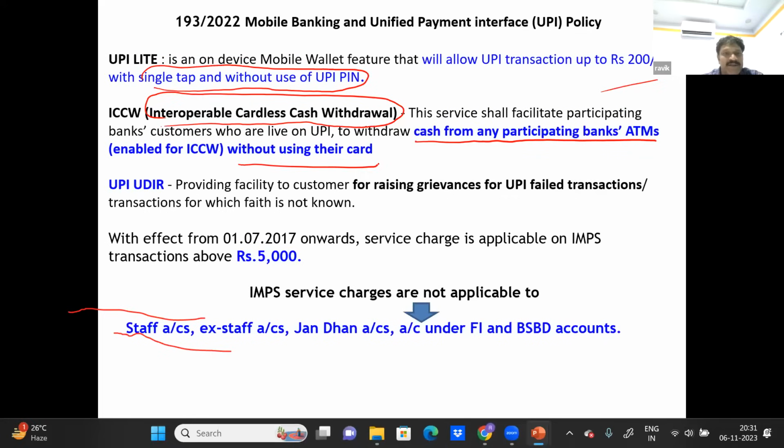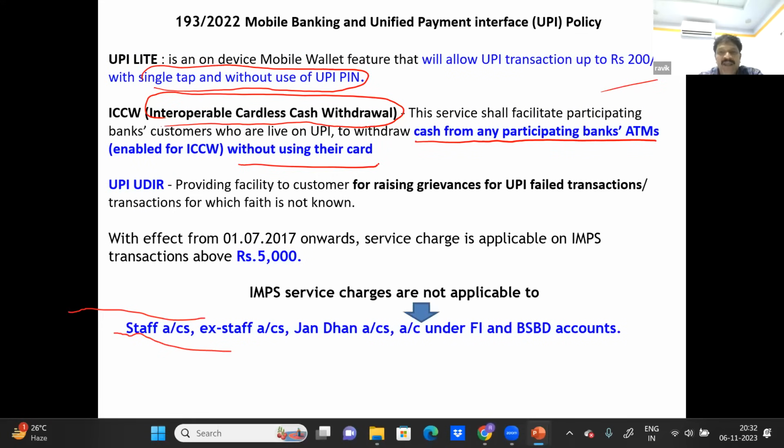That is called interoperable cardless cash withdrawal. This is called ICCW. The full form is very important, or they can ask it like this: cash from any participating bank without using the card, what is the name of that feature? That is ICCW, interoperable cardless cash withdrawal.